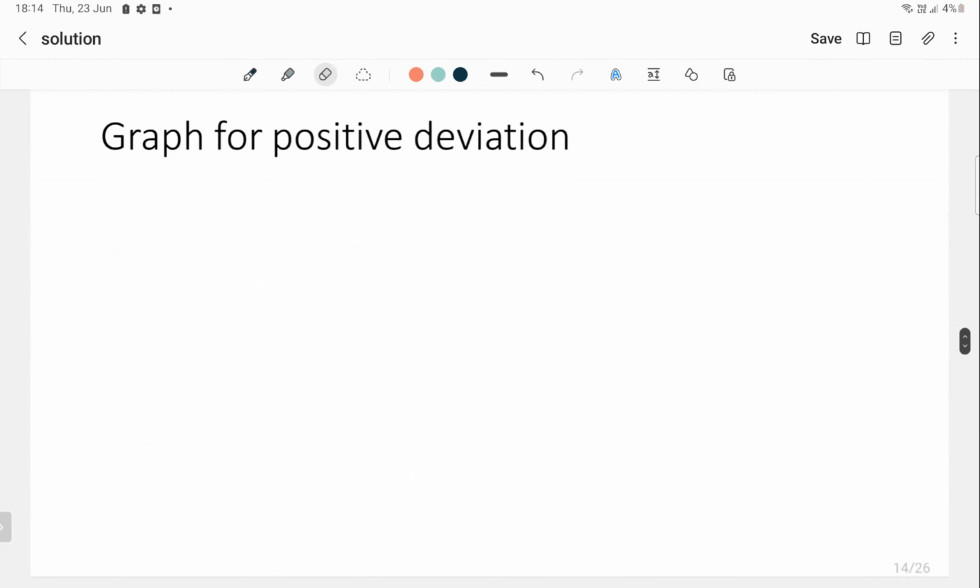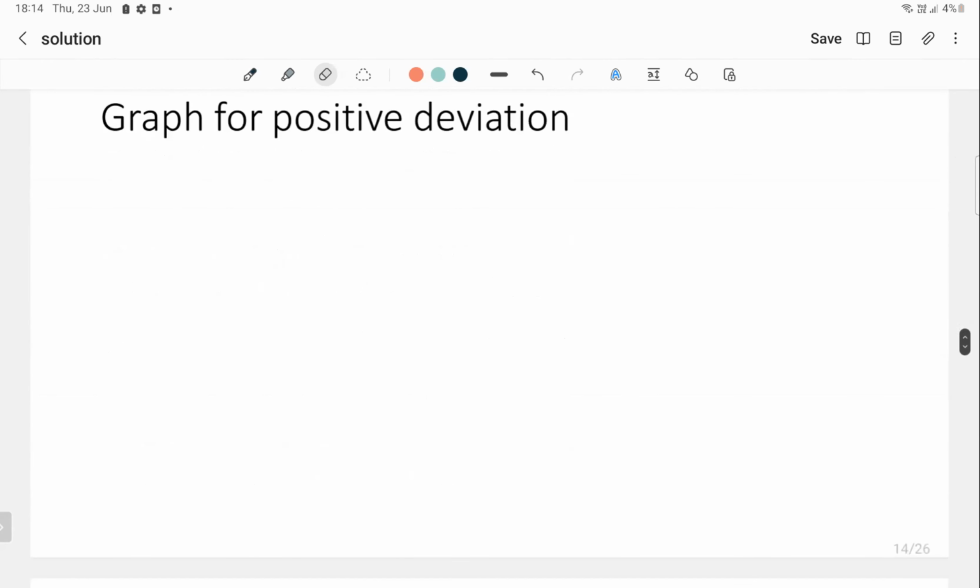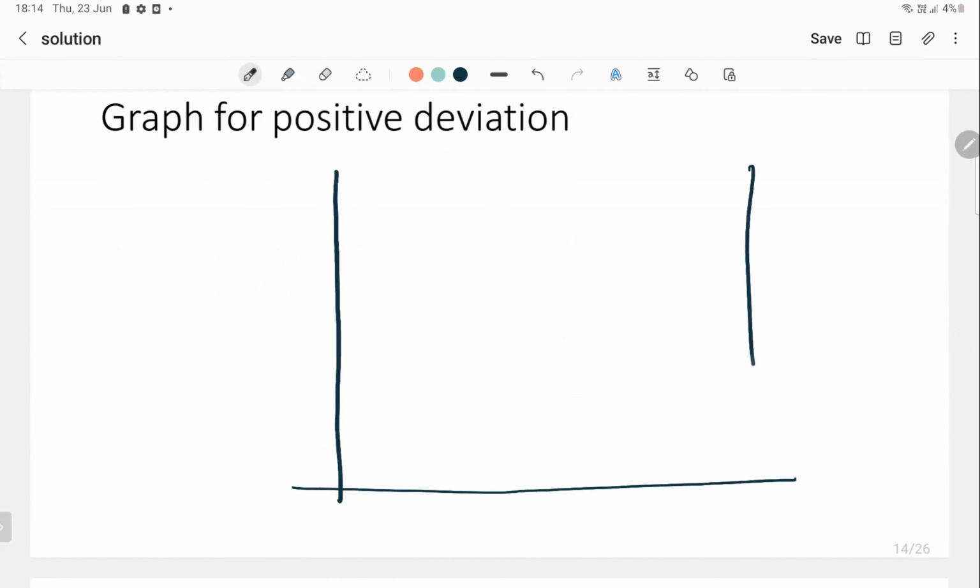Okay, now we can plot this graph of the positive deviation. First, according to Raoult's law, we can draw the graph. XA is equal to 1, XB is equal to 0.